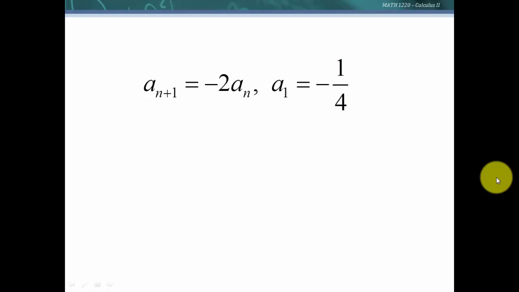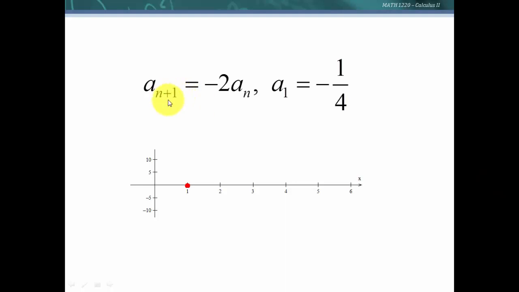Let's look at this example with this sequence. We're going to start at 1 with -1/4. And then at 2, we are going to take the term we had, which is -1/4, and multiply it by -2. So that'll give us 2/4 or 1/2. Then we're going to take that term 1/2 and multiply it by -2, and that'll give us -1.